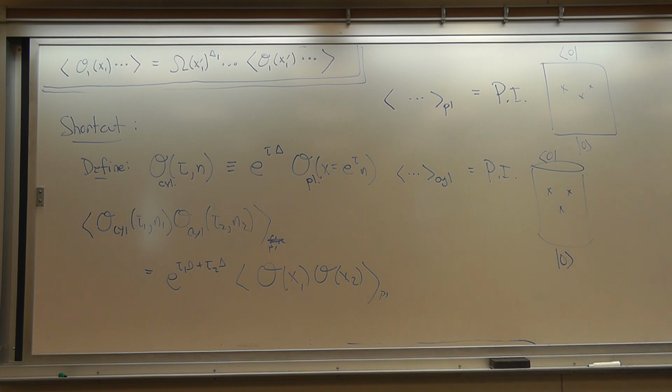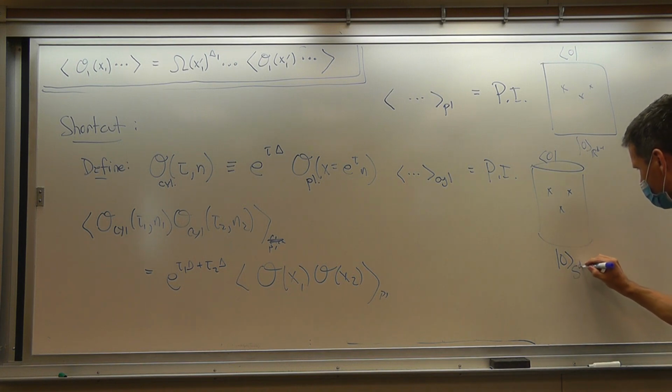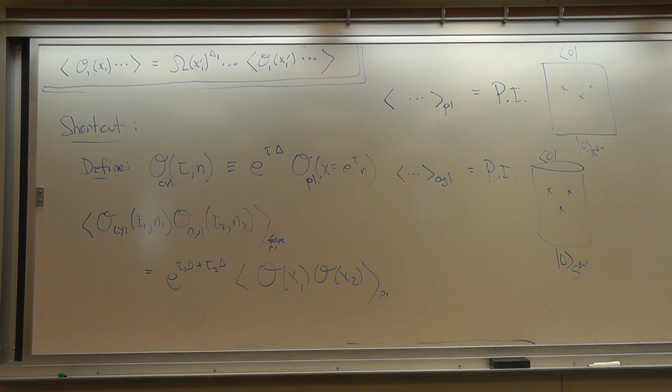Okay, so they're both in the vacuum state. This one is in the Minkowski vacuum of, we could call this the vacuum of R^(d-1), because that's space. And this is the vacuum of S^(d-1).